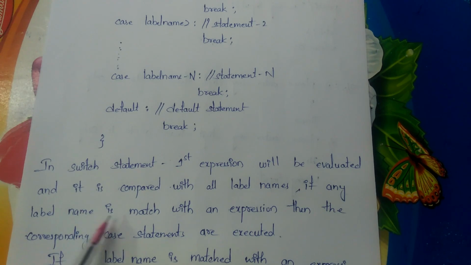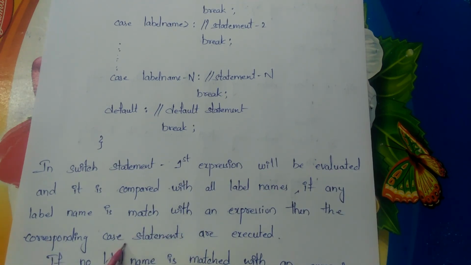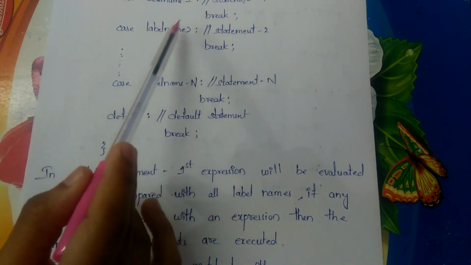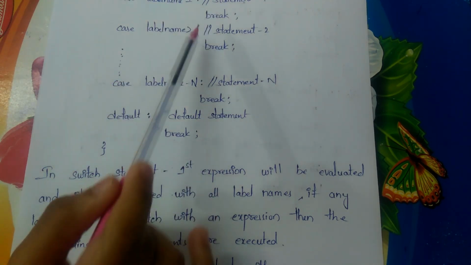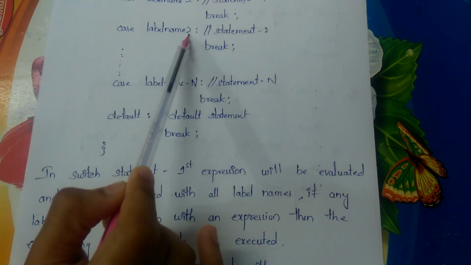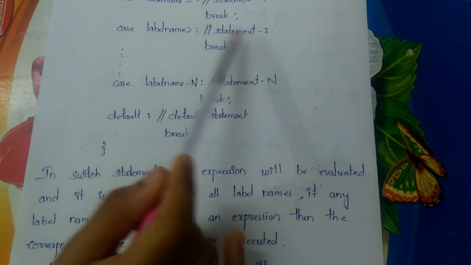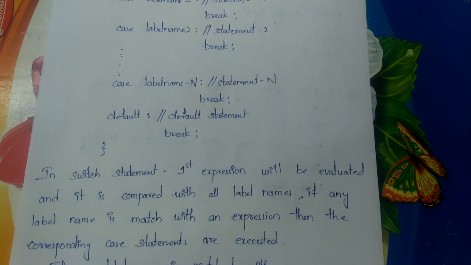If any label name matches the expression, then the corresponding statements are executed. For example, if label name 2 matches the expression, then in label 2 we have statement 2, and those statements will be executed.